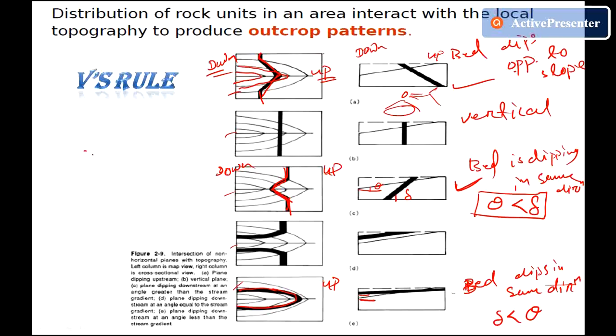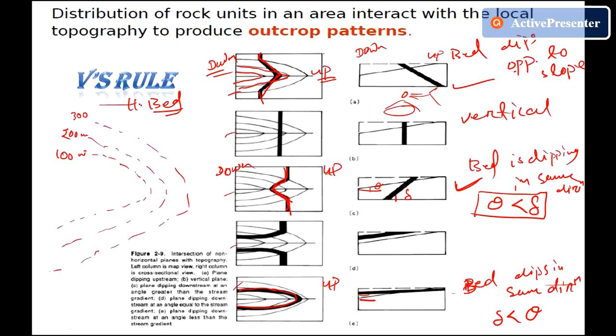So if these are the contour lines, pointing like this, suppose this is the 100 meter contour, this is the 200 meter contour, this is the 300 meter contour, and you are getting a horizontal bed which is having an elevation of 250 meters. Let's take that example. So the bed will appear like this.